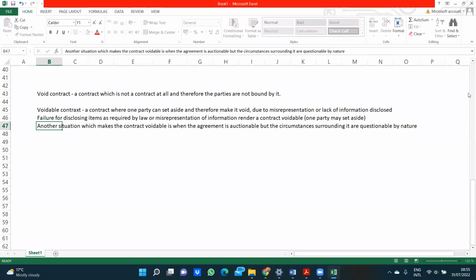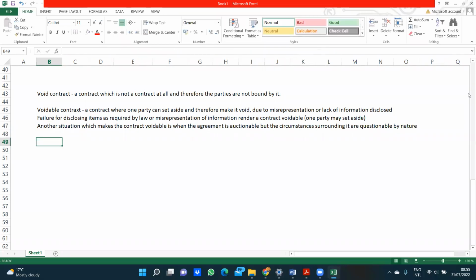For example, undue pressure from others, or the person who signed the contract was in an intoxicated state.